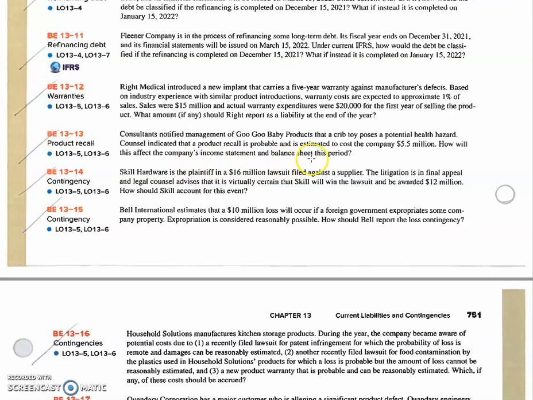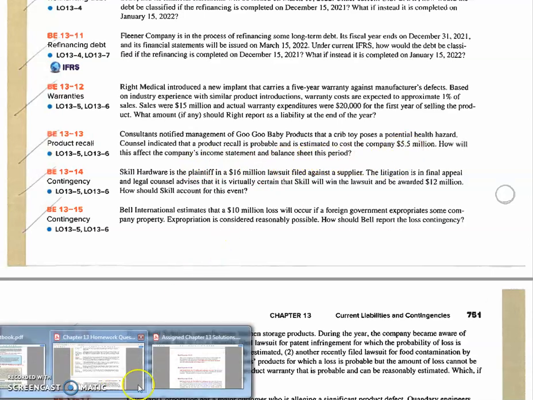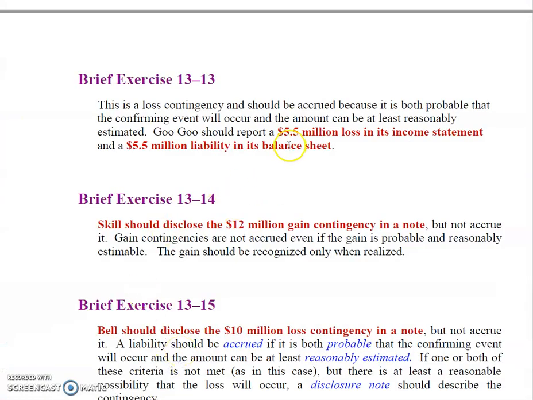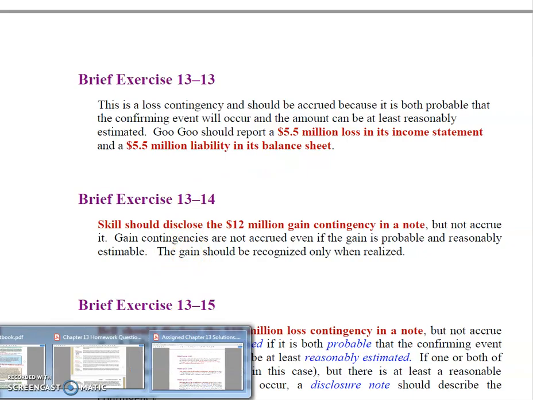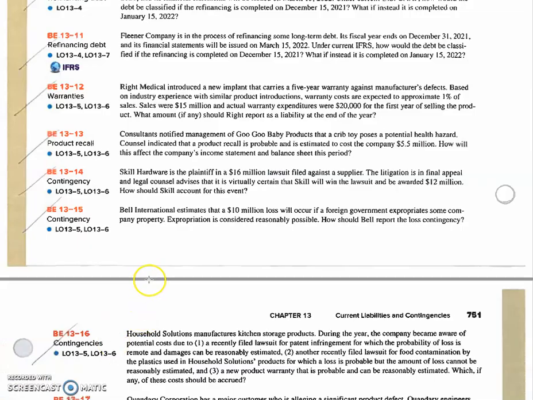The balance sheet is going to show a $5.5 million liability. So $5.5 million loss in the income statement, $5.5 million liability in the balance sheet. Okay, next one.